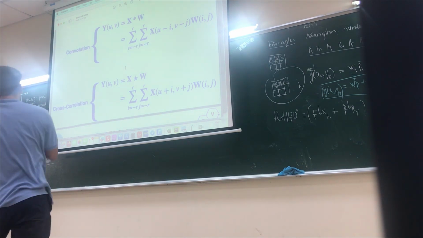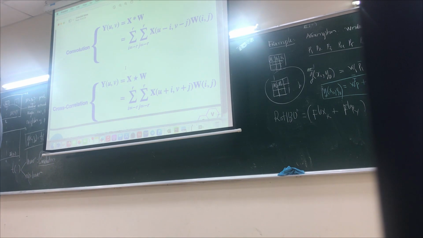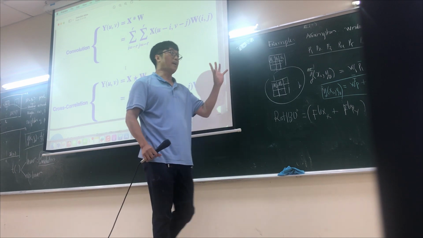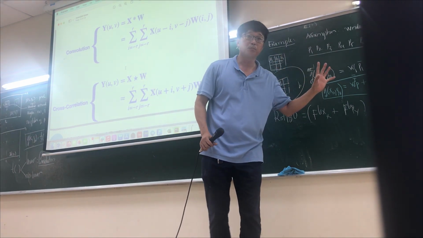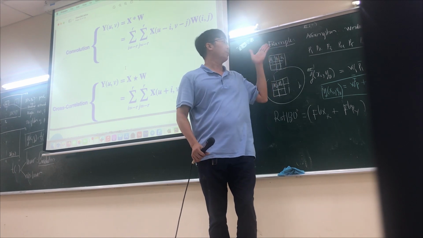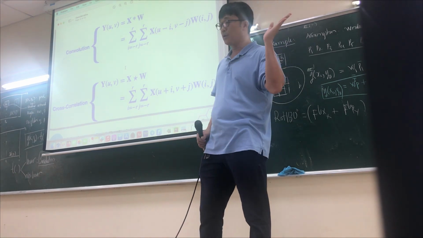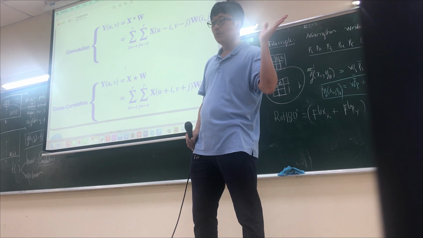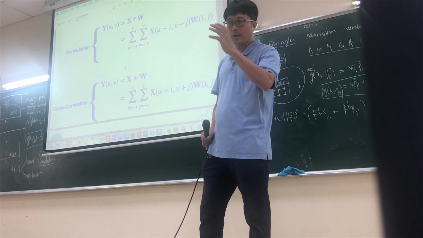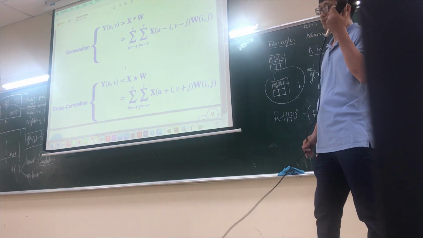But the question is, why do you have two concepts like that? Because next chapter you study the fast Fourier transform. As I told you before, computing convolution directly is too slow, so there is one method called fast Fourier transform.